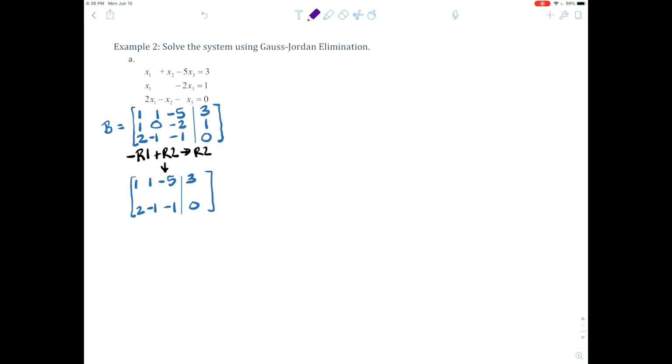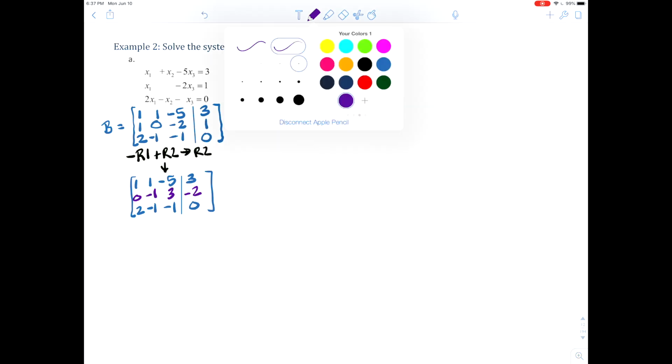So -1 plus 1 is 0. -1 plus 0 is -1. -5 is +5, so 5 plus -2 is +3. -3 plus 1 is -2. So this is our new row 2.